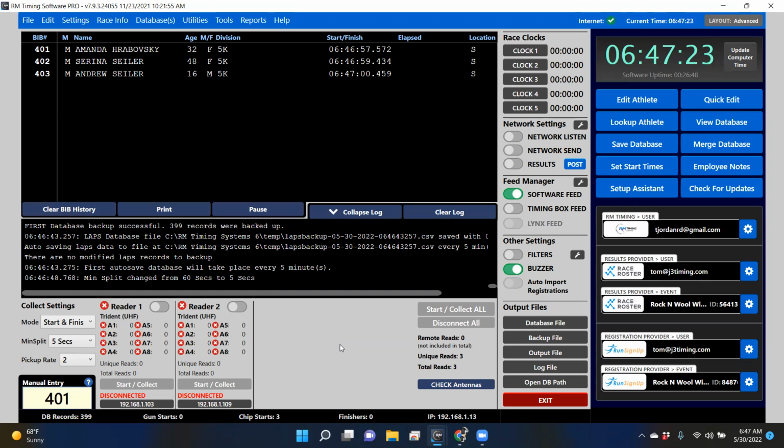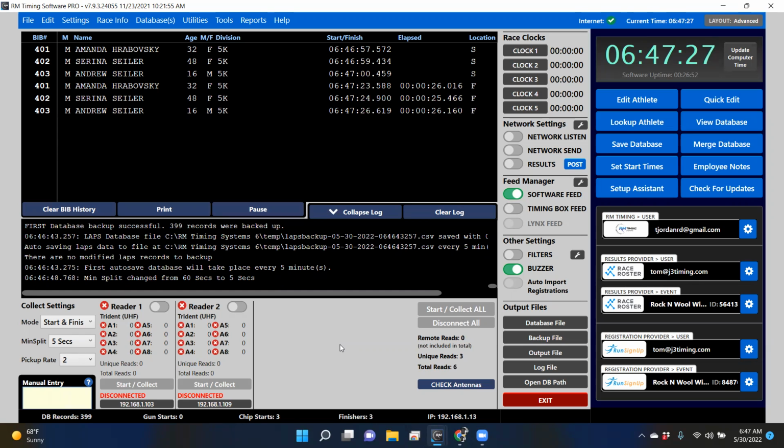They go and kick it off. So 401, 402, 403 run over your mat again. That was a finish time, because that was the second time they've crossed your mat. So now you have 3 ladies who just started the race, but they just got locked in for a finish time. Normally that would be 60 seconds, but you can see what's going on here.